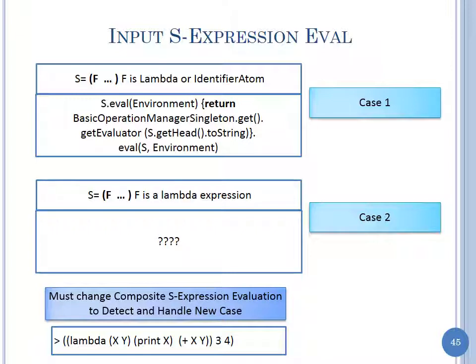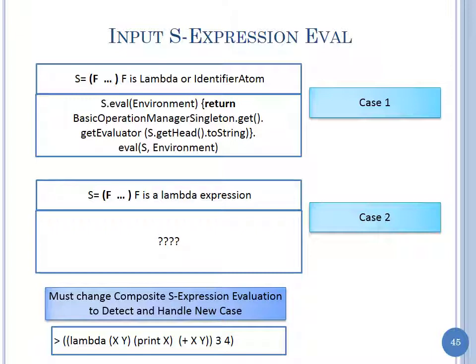So we now have to go and change our composite S expression eval. So far we just registered the right evaluator and we didn't have to mess around with what Andrew gave us as the S expression eval. Now we have to look at whether the first item is an identifier. If not, then assume that the first argument is a lambda expression and deal with it.